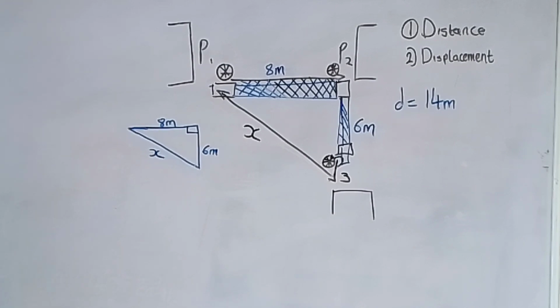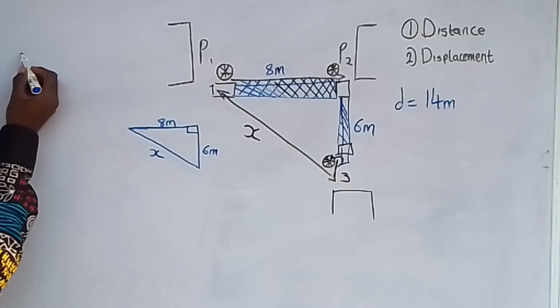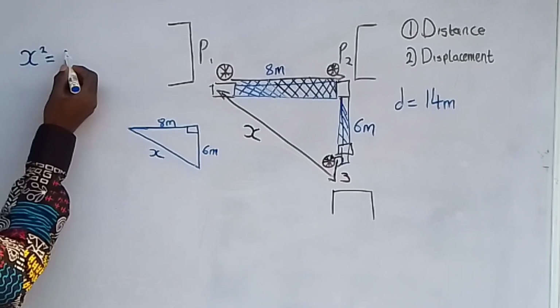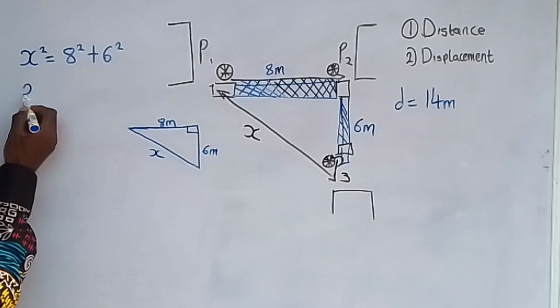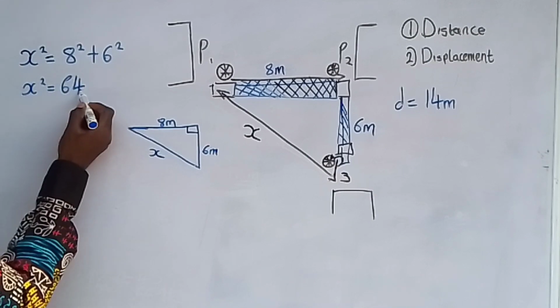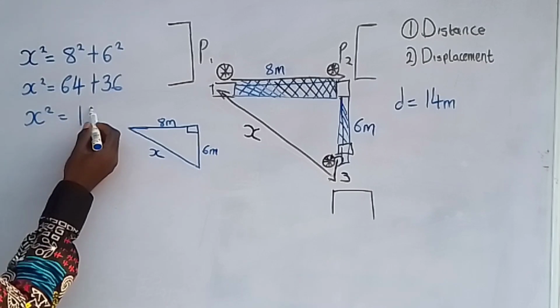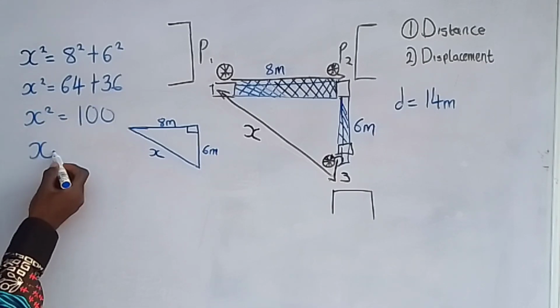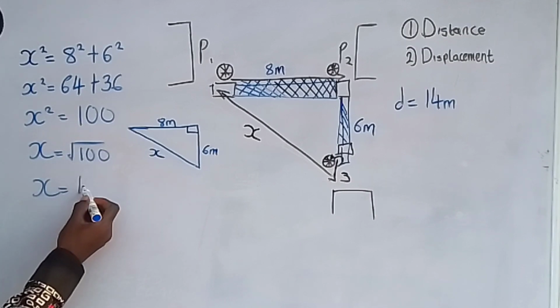don't forget, according to Pythagoras' theorem, the square of the longest side of a right-angled triangle is the sum of the squares of the other two sides. In that case, I'm going to have x squared equals 8 squared plus 6 squared. x squared equals 64 plus 36. x squared equals 100. x equals the square root of 100. x equals 10.